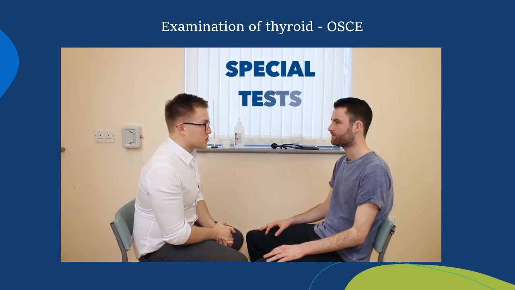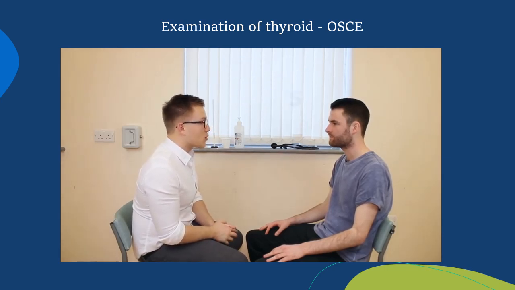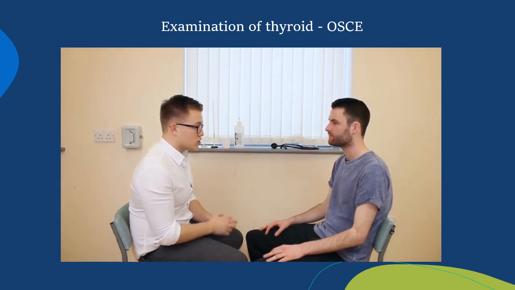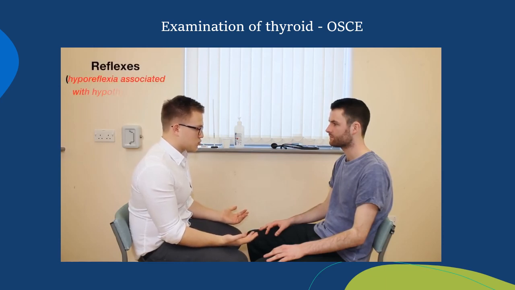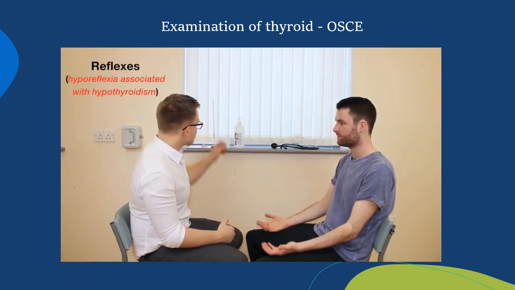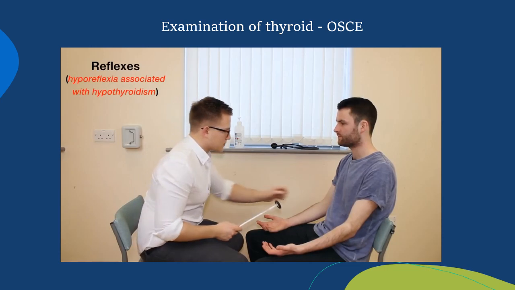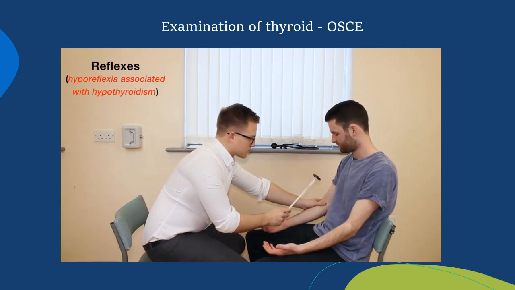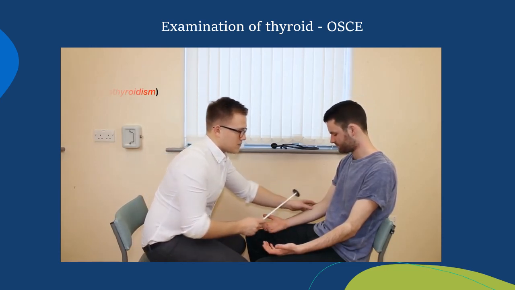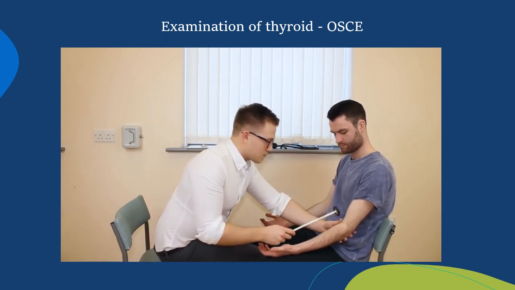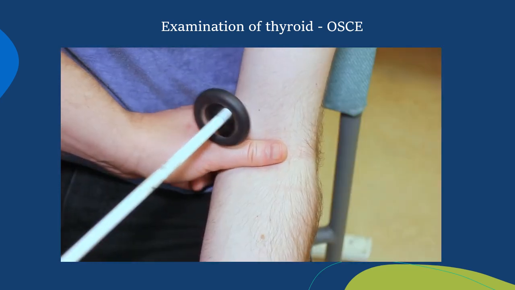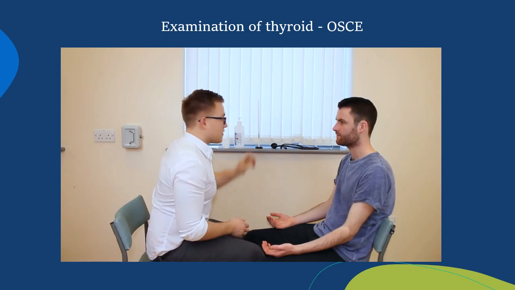Simon, I'd just like to finish with some special tests. So we're going to start with the reflexes in your arms. If you could just relax your arms on your lap like this with your palms facing to the ceiling. Fantastic.